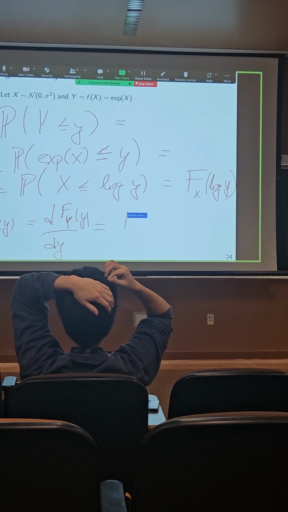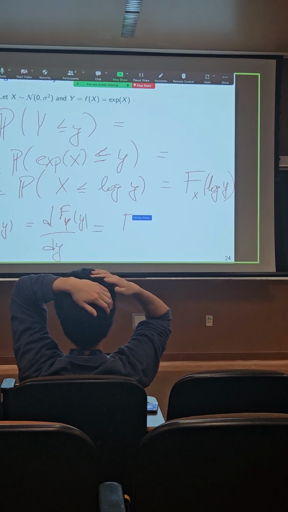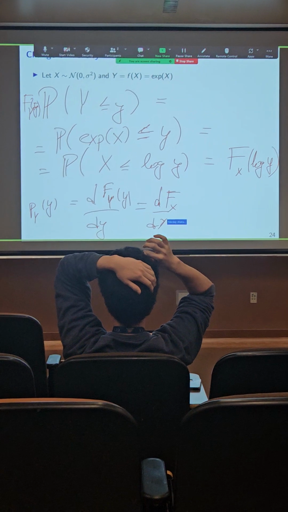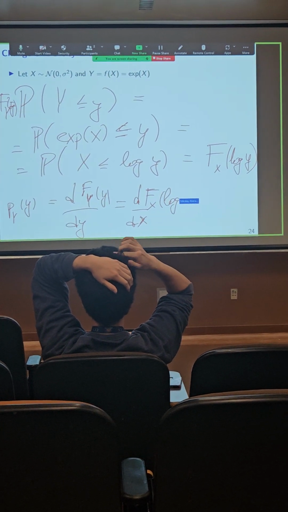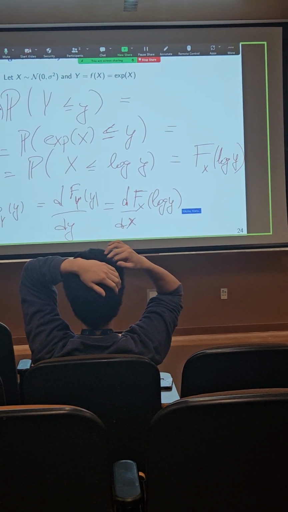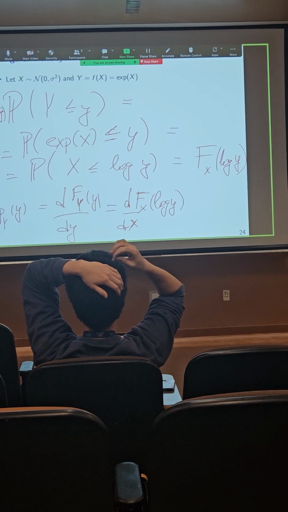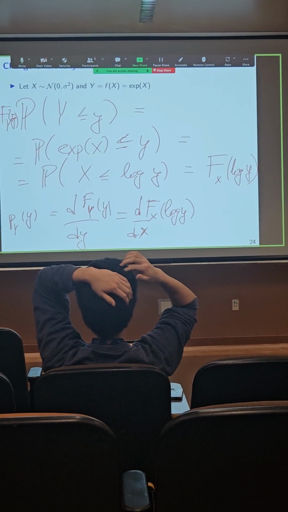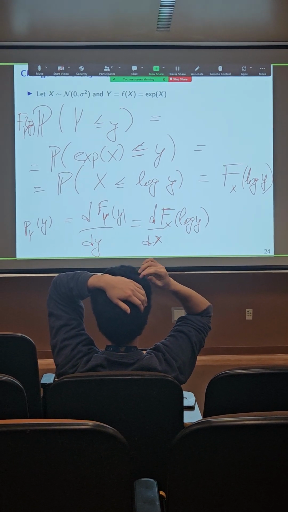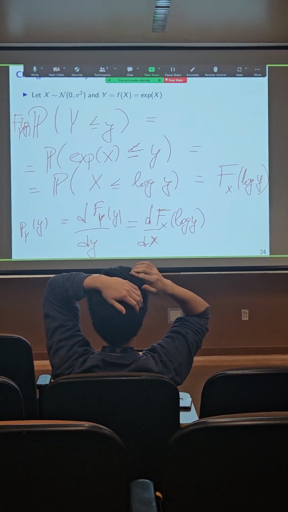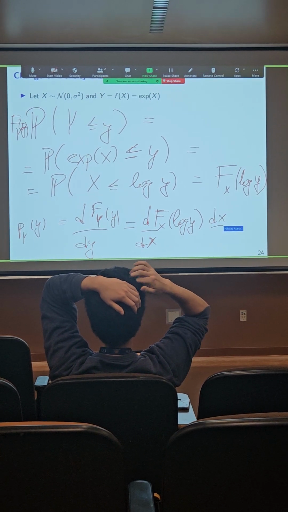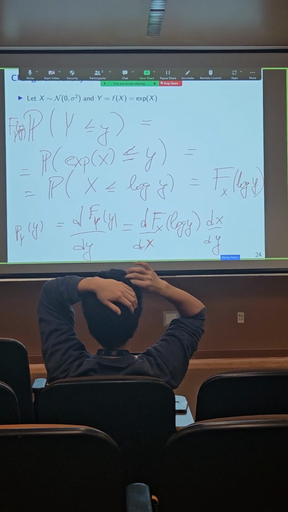By chain rule, it's going to be the derivative of fx evaluated at log y times dx dy, right? And then it's just one over y. Yeah, dx dy, is that 1 over y? Yes. That's right. Yeah, that's great.